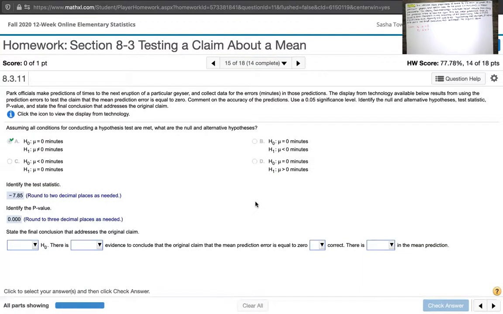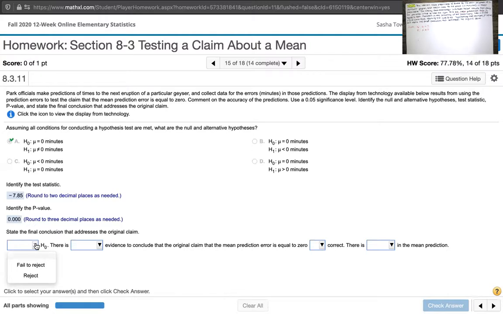Okay, and then we want to state the final conclusion that addresses the original claim. Now in order to do this, we have to compare the p-value to the alpha value. 0 is clearly less than 0.05. So we're going to say that this test statistic of negative 7.85 is extremely unlikely given that the null hypothesis is true.